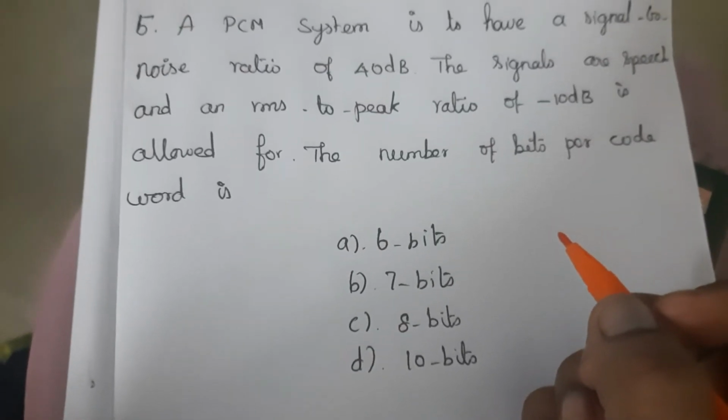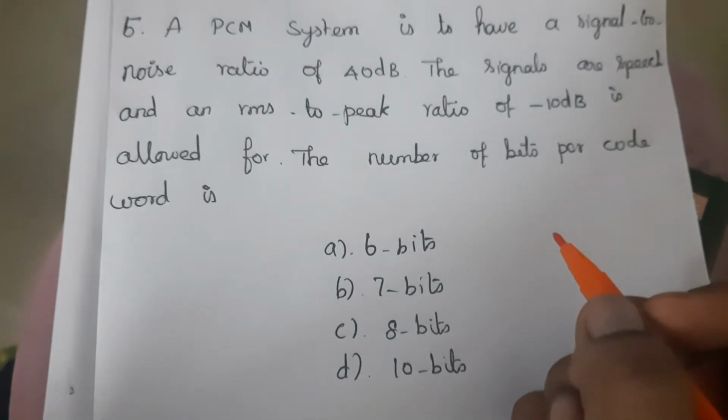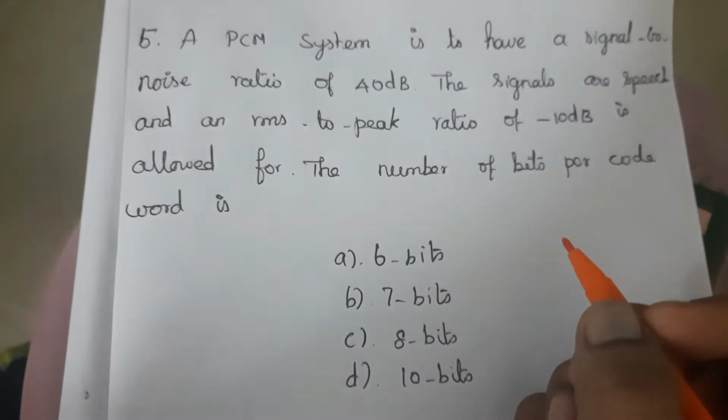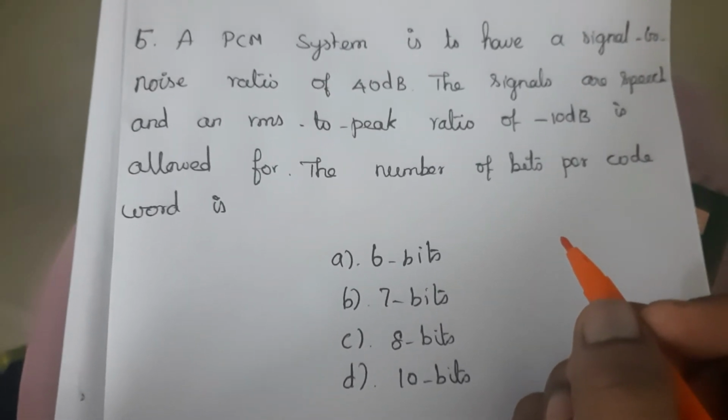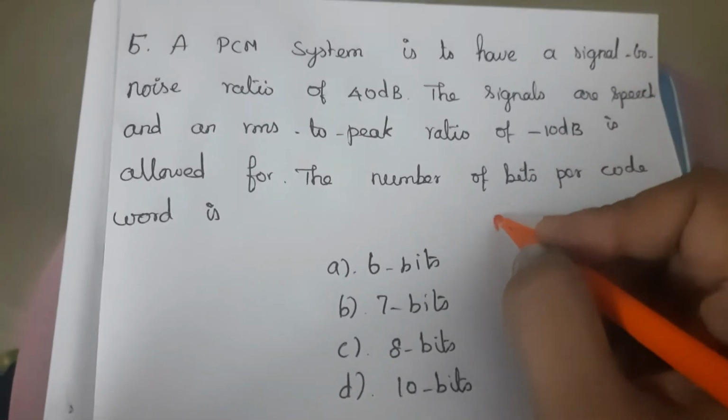Fifth question, a PCM system is to have a signal to noise ratio of 40 dB. The signals are speech and an RMS to peak ratio of minus 10 dB is allowed for. The number of bits per code word is. So we have to find n value.